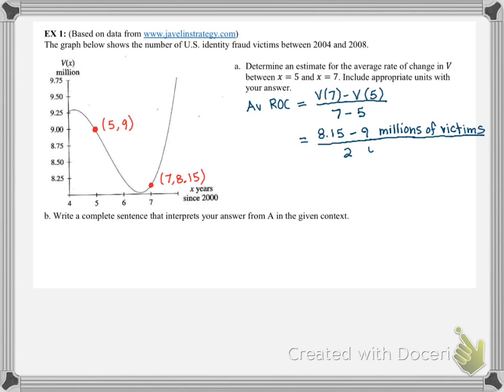Good. So we have negative 0.85 million victims over 2 years.